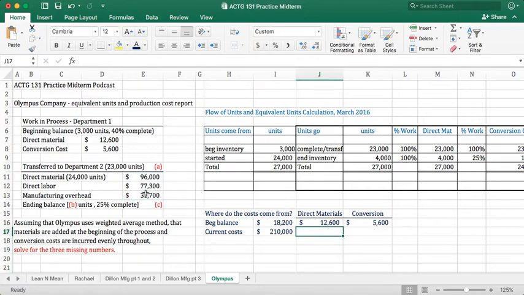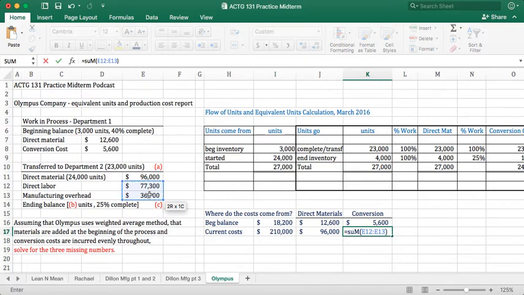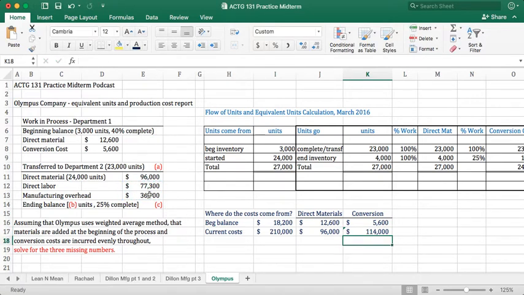And this is made up of direct materials of $96,000. And remember, conversion costs are direct labor and manufacturing overhead, so we'll add these two together. So let's do a bit of a total.